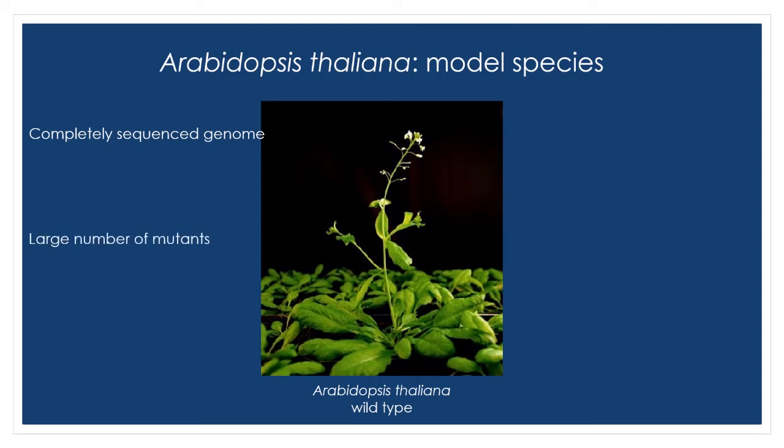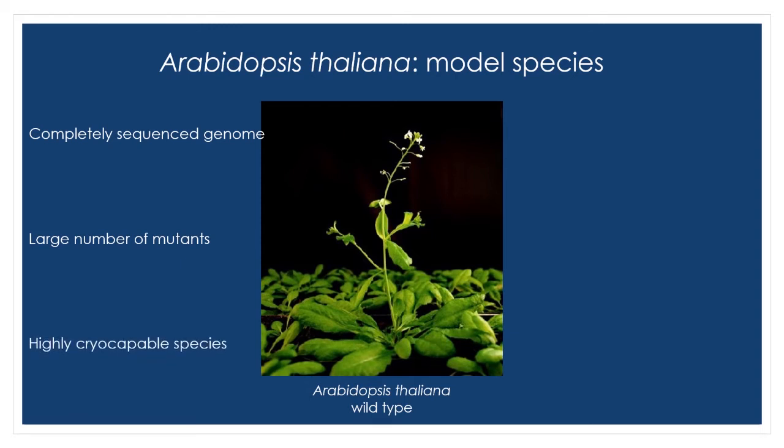Next fact about this plant is that there is a large library of mutants of this plant, which are not naturally occurring in nature, but are made by humans. So we can actually do more thorough research of different metabolic pathways.